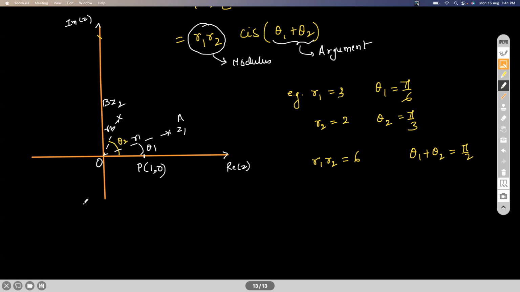And I will justify my construction also. I'll not just blindly tell you this is how you find it. I will justify why this construction will give me Z1 into Z2. Now connect this. Let me make it in yellow so that you can see the construction. So basically you make a triangle here, OAP. What is O? Origin. What is A? Z1. What is P? 1, 0.